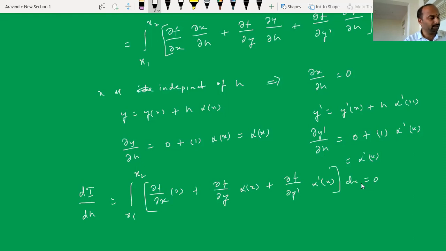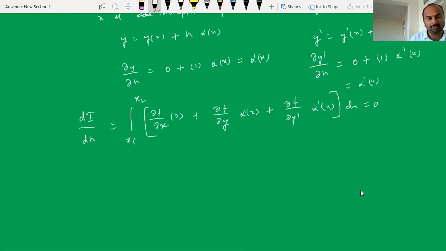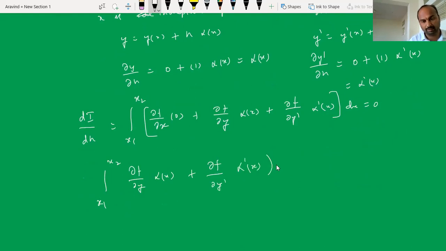But dI/dh is equal to 0. So therefore, what we will get is the integral from x1 to x2 of ∂f/∂y into α(x) plus ∂f/∂y' into α'(x) dx is equal to 0. It is given.